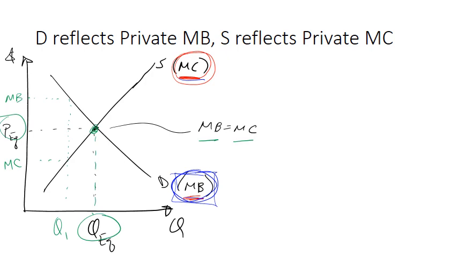In other words, what is the price that would have to prevail in order to get folks to demand that last unit. Keep this in mind as we're going forward. It'll be important for you to recognize that demand is a reflection of private marginal benefits and that supply is a reflection of private marginal costs.